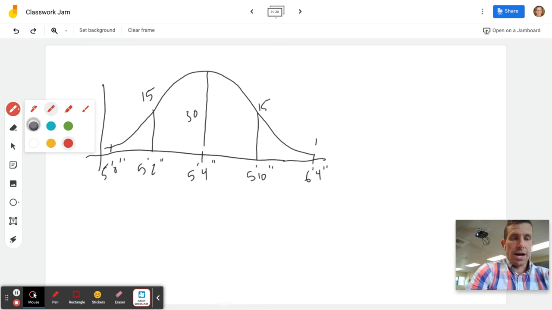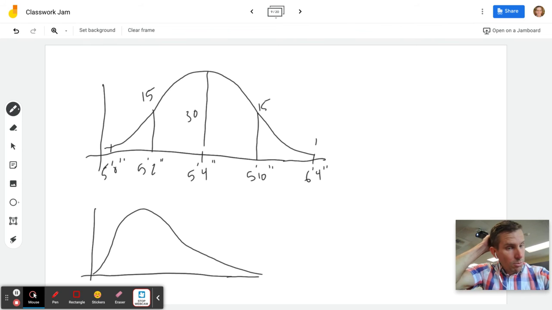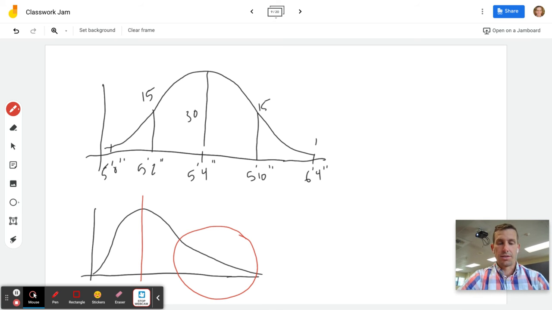We can have normal distributions that look a little bit different. Here's an example of one that is skewed to the right. So this is approximately normal, but it's skewed to the right. What that means is that the data is kind of stretched out to the right-hand side of the middle, or the most frequent value in this distribution.